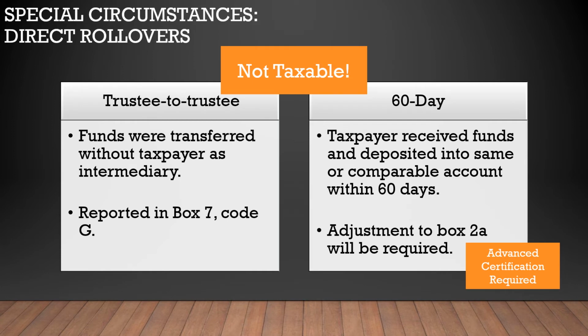However, if our taxpayer deposited those funds into either the same account or a comparable account within 60 days, then we can make an adjustment. Again, you'll need to be advanced certified to do this, to box 2A, so that we're accurately reporting how much is taxable.